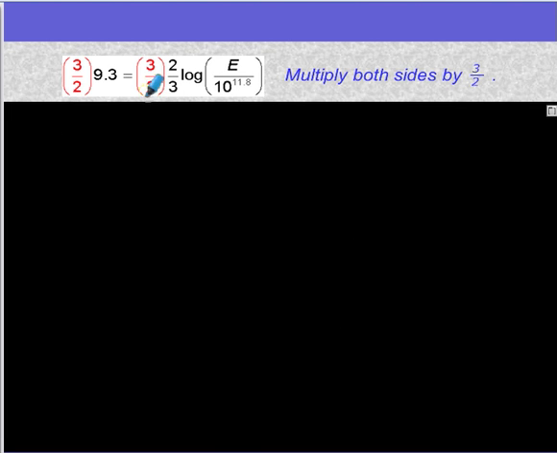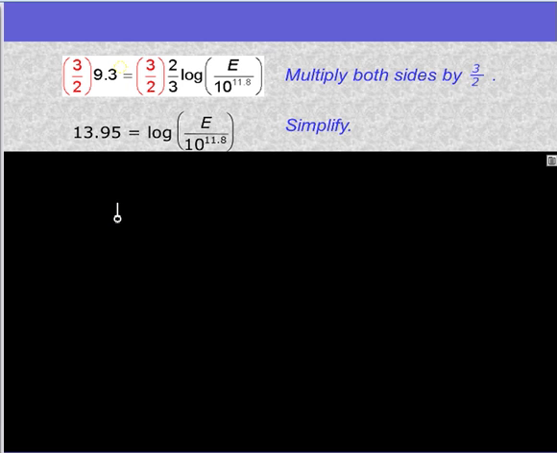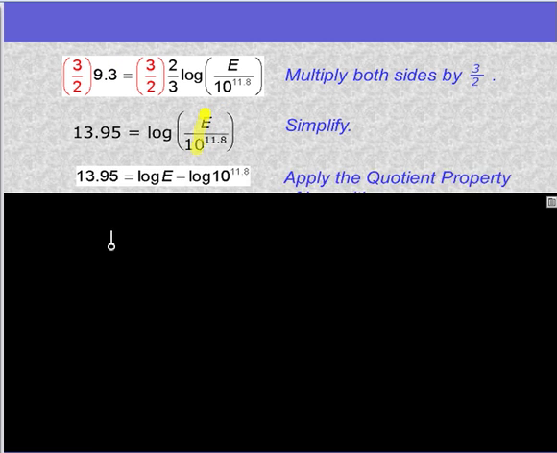That gives us this. And then remember, two logs that are divided can be written as two logs subtracted. So now we can put this into our calculator, figure it out, and add 11.8 to both sides.